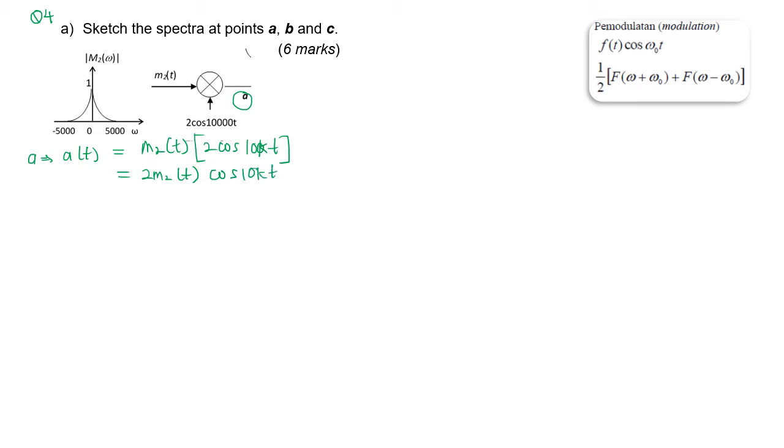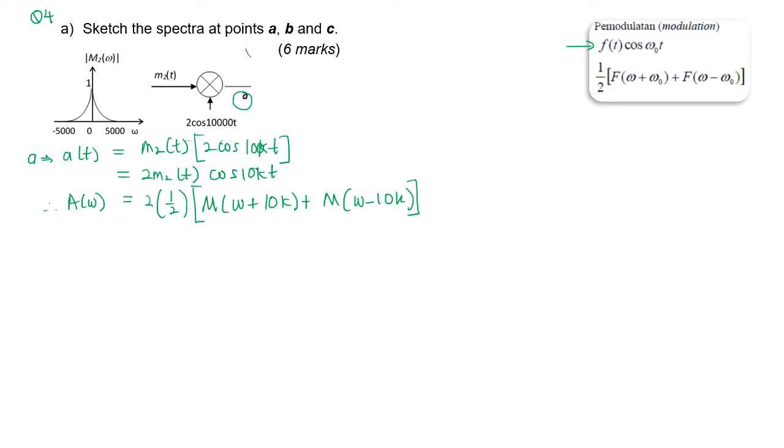If you refer to the Fourier transform table, a function multiplied with a cos function gives A(omega) equal to 2 multiplied with 1 over 2, so we have M(omega plus 10k) plus M(omega minus 10k). So this is your A(omega).